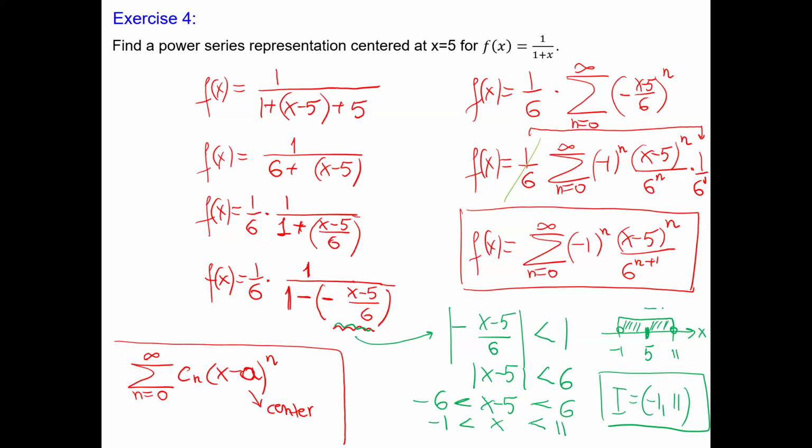Let me actually write this, 6 and the same way, 6. Okay, we have the radius, we have the center, and we have an interval. We can see it's a similar question to exercise number 2, but centered at 5. That's it. Please remember that magic, subtracting and adding.